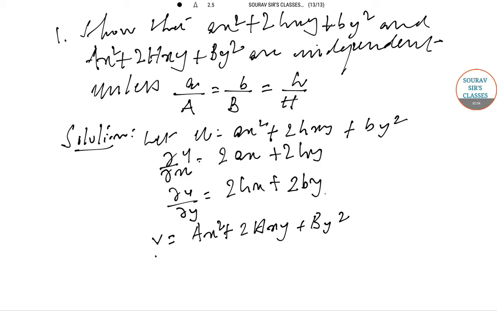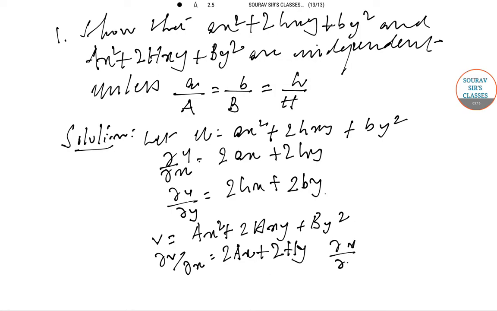So if we want to find the partial derivative of u, that is only with respect to x, then we have 2ax plus 2hy, and then dv by dy.